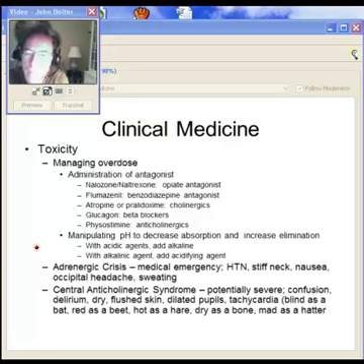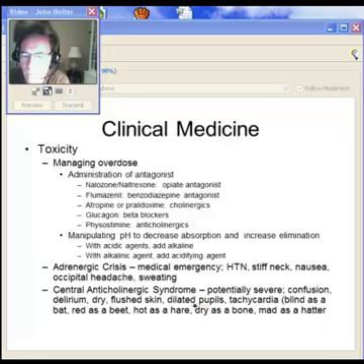Adrenergic crisis, medical emergency, hypertension, stiff neck, nausea, occipital headache, and sweating. So that's a crisis. Then you have the central anticholinergic syndrome, which is very, very problematic in the elderly. Potentially severe confusion, delirium, dry, flushed skin, dilated pupils.